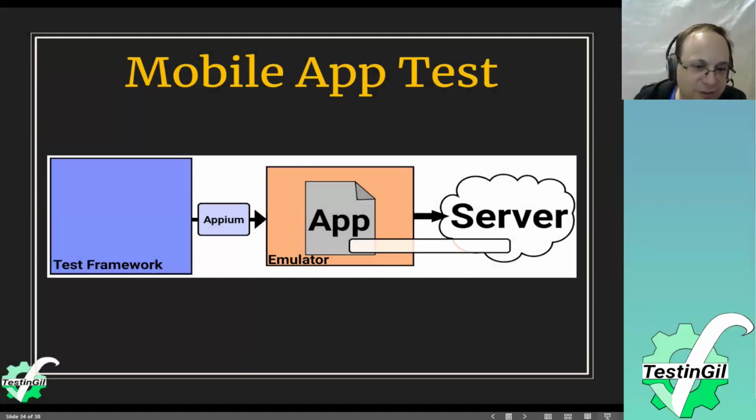This is a path that runs an emulator: the test framework runs Appium, for example, which talks to an emulator, which loads the application, which talks to the server. And if we're talking about real devices that talk to the server, it's even harder to do. It's not impossible, it is possible to do, but it becomes a lot more complex.